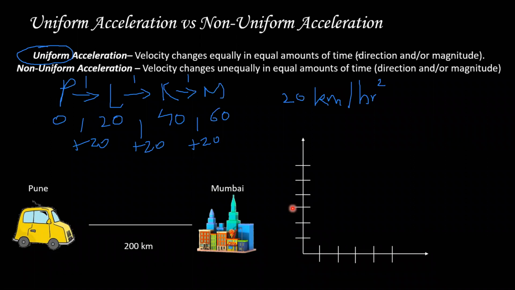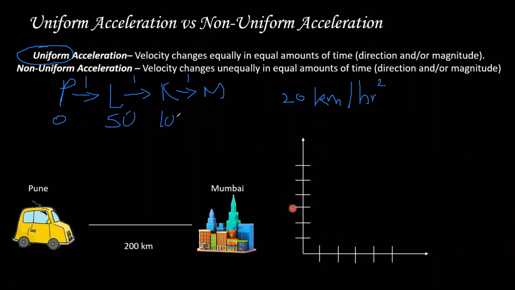So if this is uniform acceleration, now tell me what non-uniform acceleration would be like. Non-uniform acceleration will be something like this. The change of speed will be different. So till Lonavala, I would be at 50.